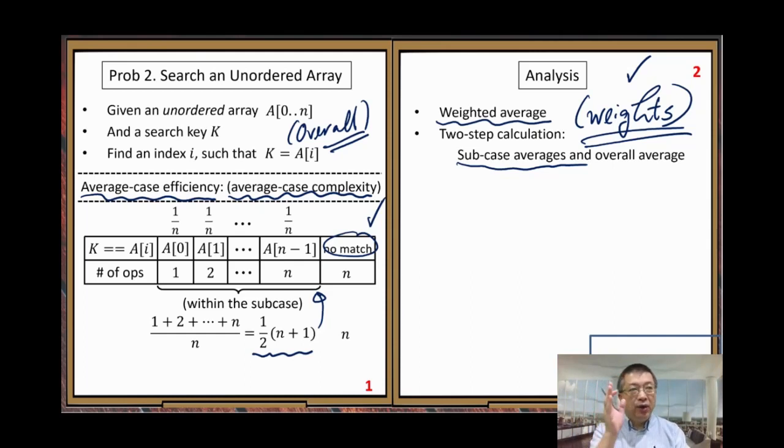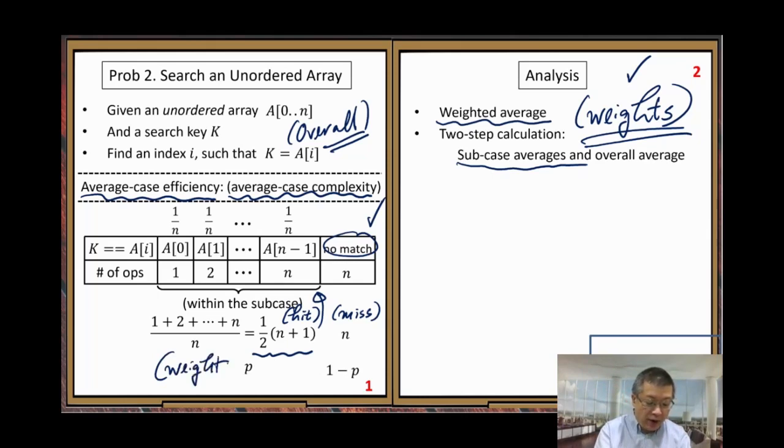Now, in order to combine these two subcases, the hit subcase and the miss subcase, we look at their probabilities and weights. The first one, the probability is p, based on our second assumption. The second one, 1 minus p. Their corresponding weights are these two numbers.